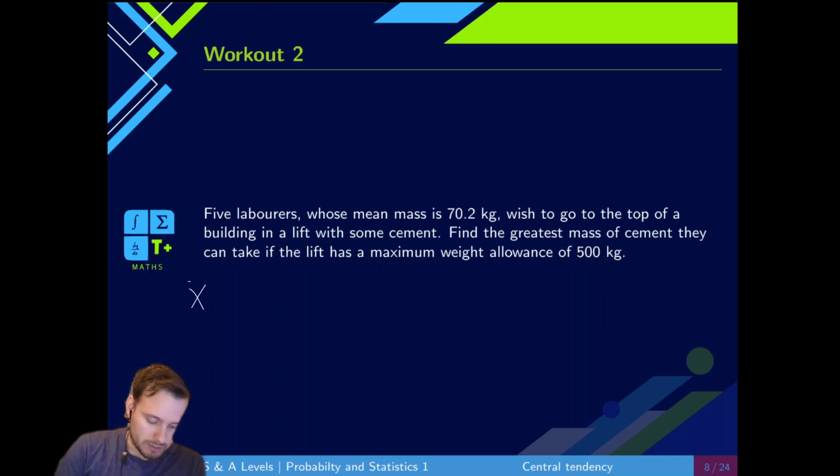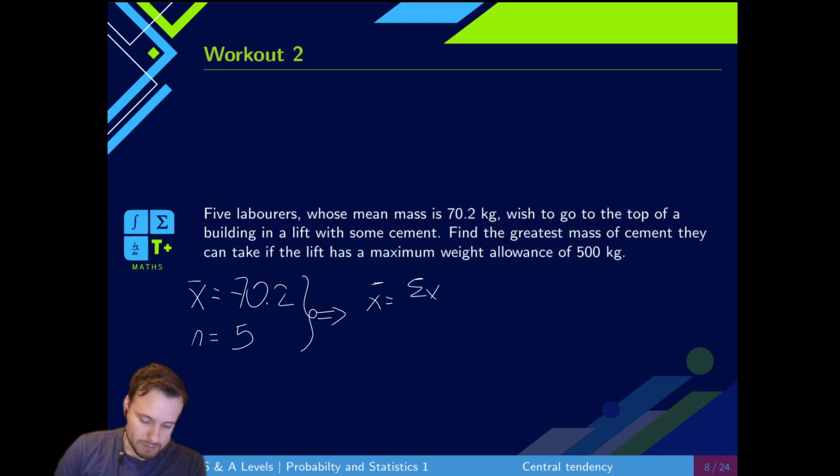Let's say that the mass is going to be x. So we are told that the mean of x is 70.2 and we have 5 laborers, so n is going to be 5. Then the mean of x is the sum of the values of x divided by n. So the sum of x is going to be equal to the mean times n.